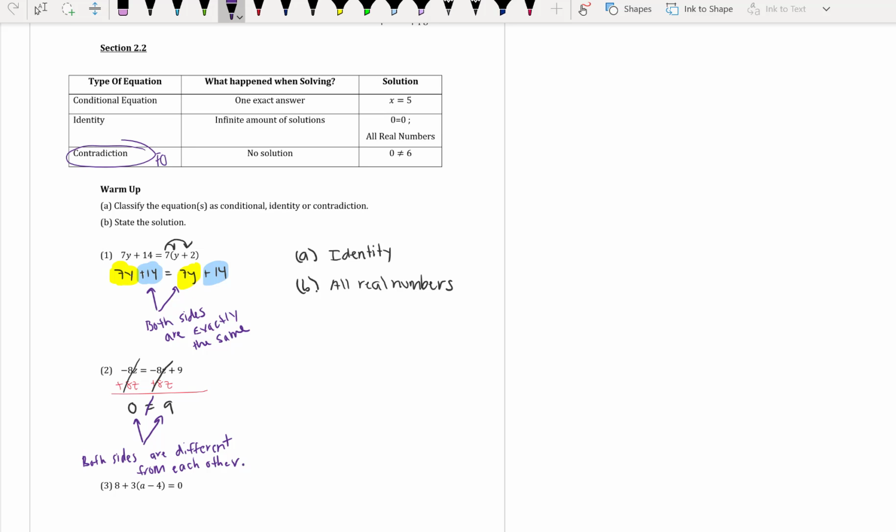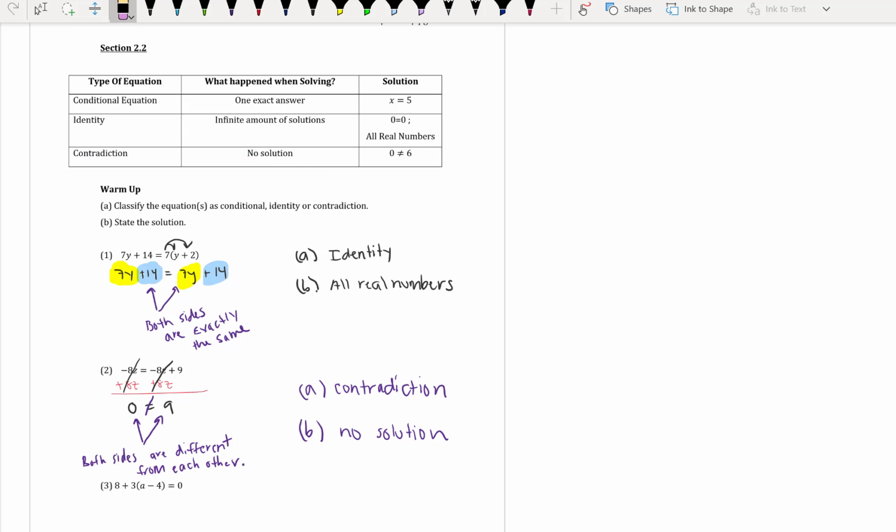That is a false statement. So for part A, we are going to say it's a contradiction. And for part B, since it's a contradiction, we are going to say it is no solution as your final answer.